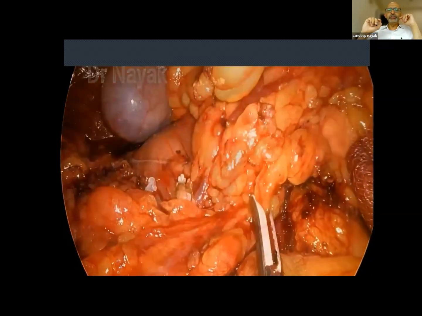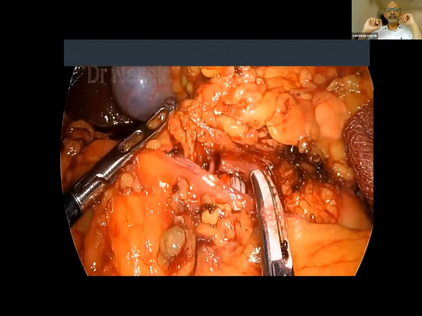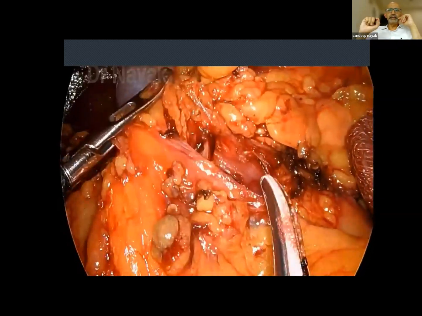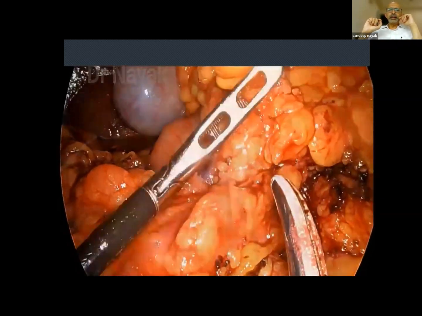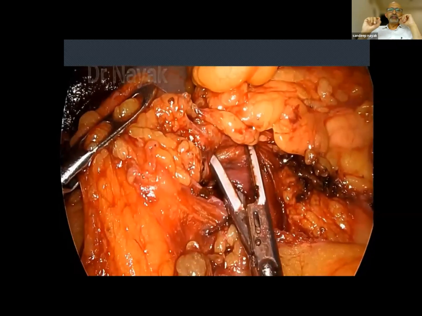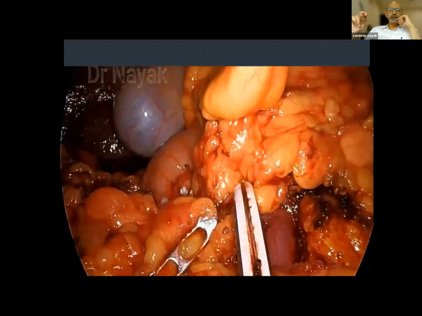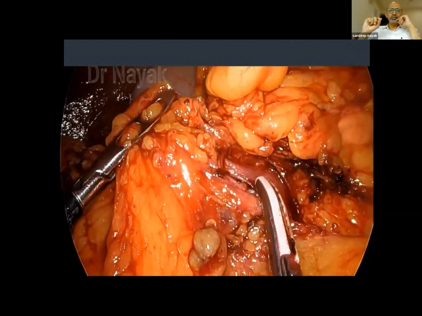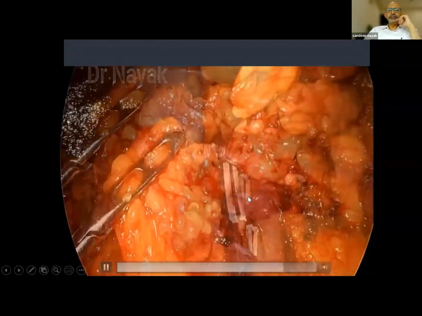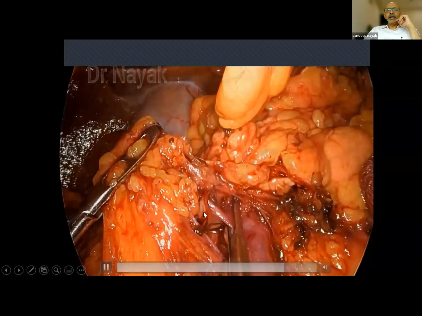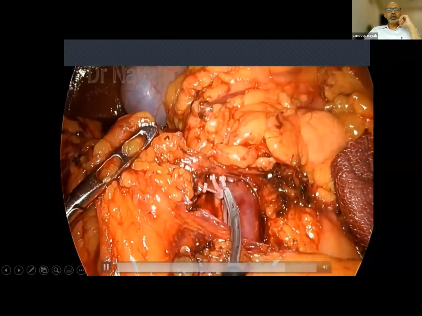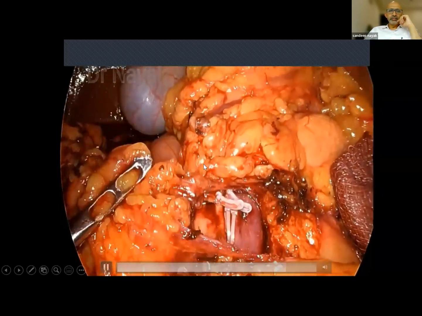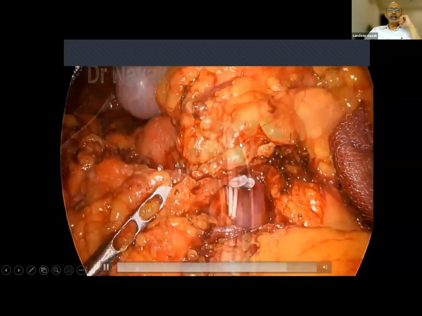Only thing you need to do from superior is identify the rest of the loop of Henle veins and ligate them. Predominantly, the right gastroepiploic vein will come and join here somewhere. So that vein has to be identified. And the colonic veins, which can be multiple, have to be ligated.